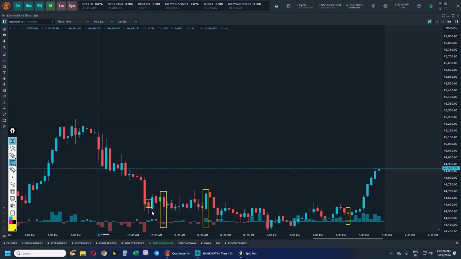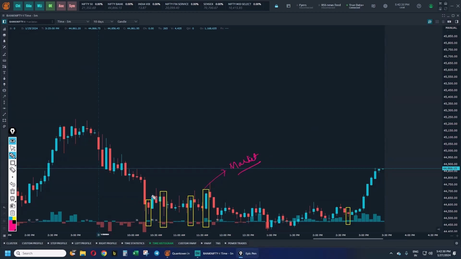Anywhere, red candle, green delta. Green candle, red delta. These are the things over there. So let me put it this way. So this is the normal candle, market order. Basically, it can be a retailer, it can be a big player, I don't know.